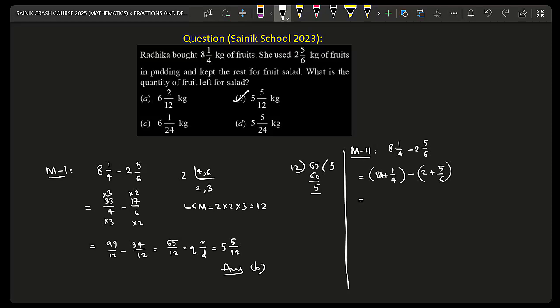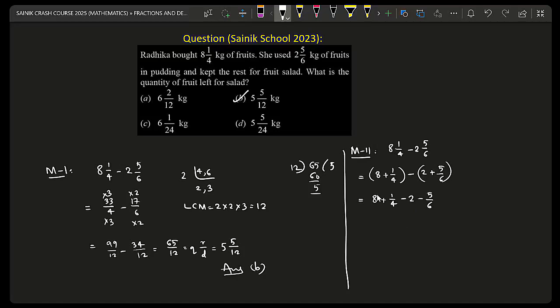Now open the brackets. Before a bracket, if there is no sign, we understand plus. So if plus is there, no sign is going to change. Keep it as it is: 8 plus 1 by 4. And before the bracket, if minus is there, what will happen inside the bracket? Sir, sign change: minus 2 and minus 5 by 6.